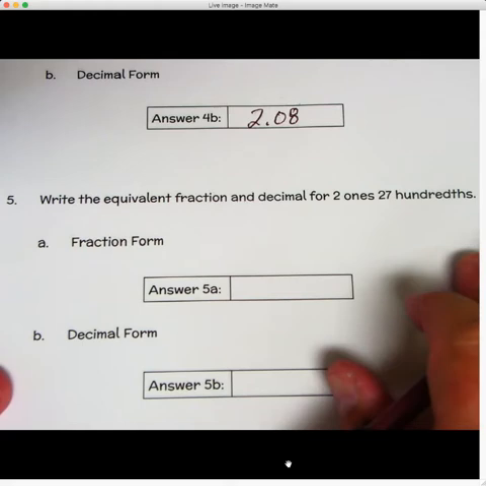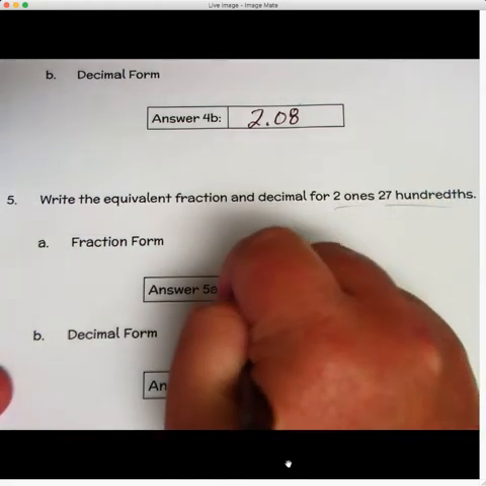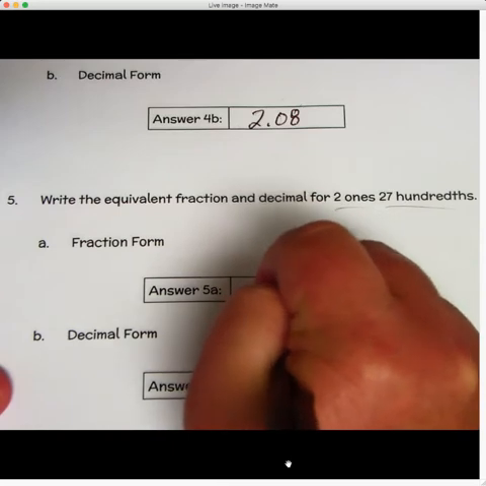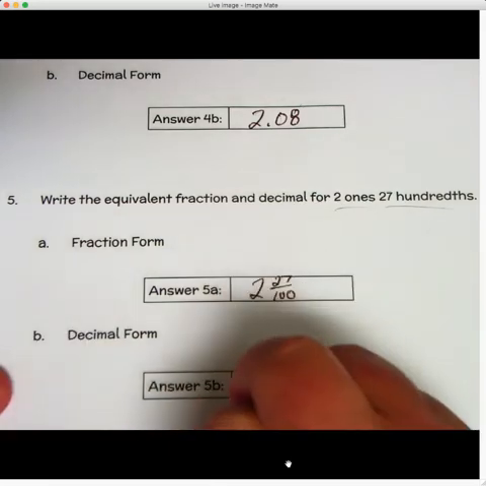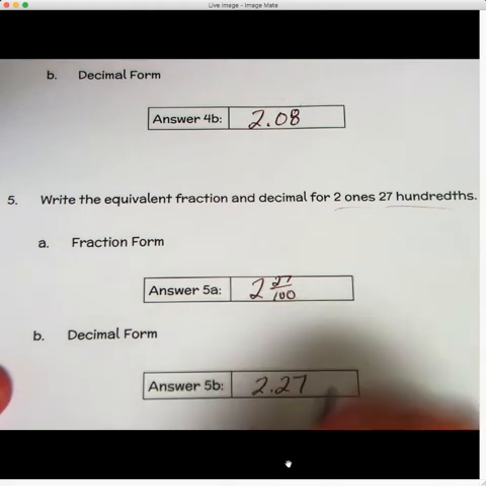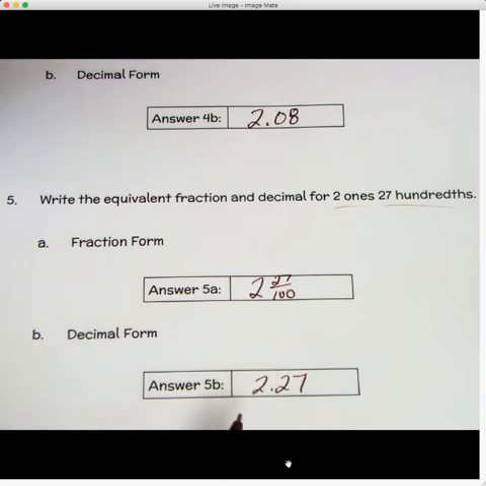Next one. We've got 2 ones and 27 hundredths. Okay, fraction form. 2 and 27 hundredths. Decimal form. 2 and 27 hundredths. Next example.